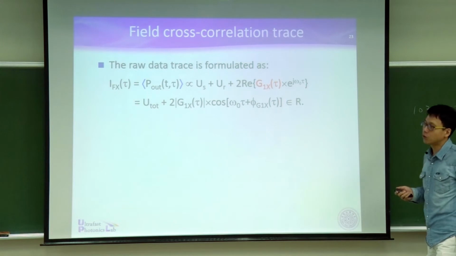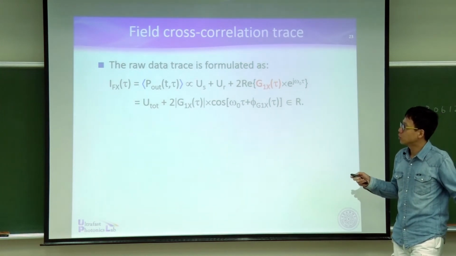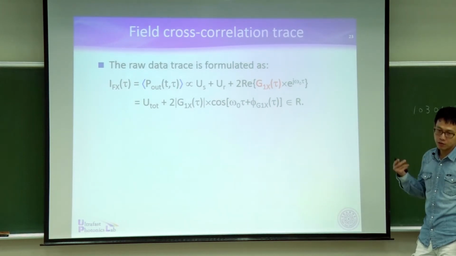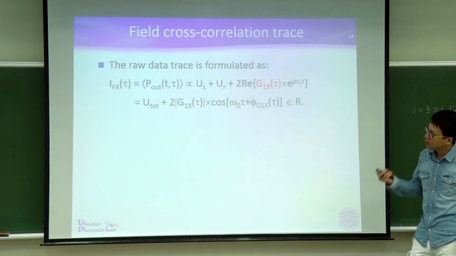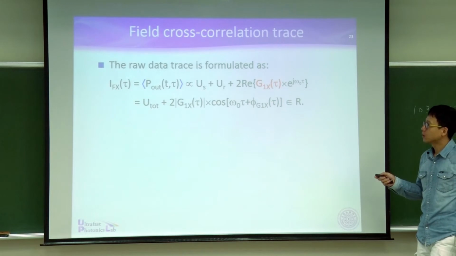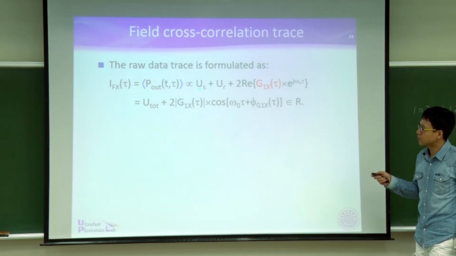How about the formula? The raw data trace is formulated this way. I sub fx of tau is equal to, bracket means time average, P out, the envelope power of the pulse pair. And it's proportional to constant US plus constant UR plus 2 times the real part of a complex function G1x times the carrier.